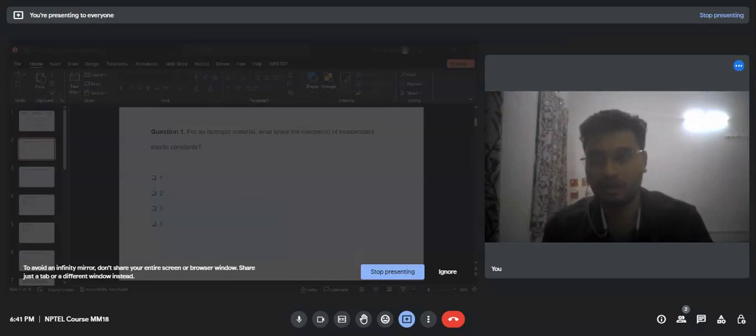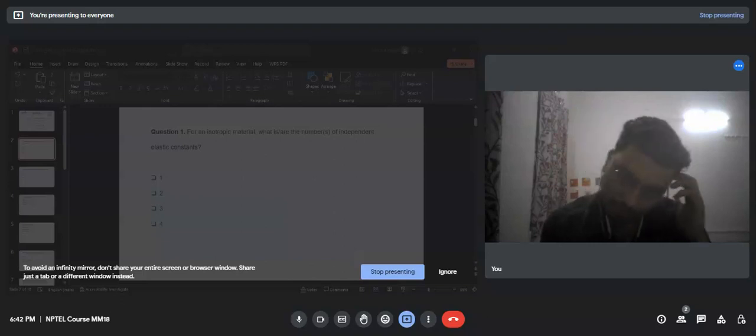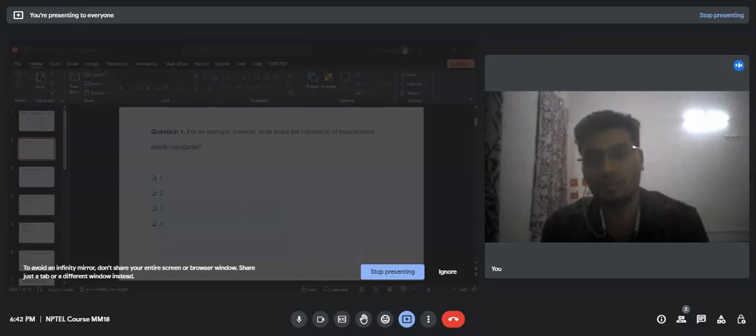So question number 4 is, a brittle material has... If we draw the stress-strain curve, stress we write as sigma, and this is strain.